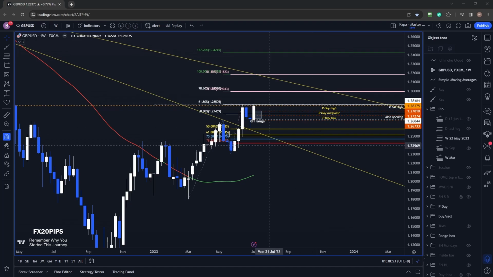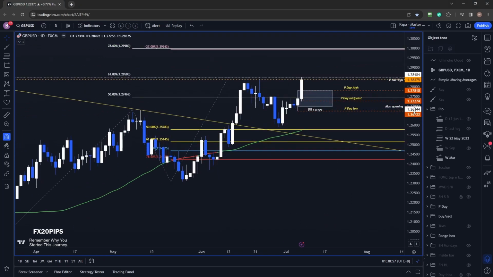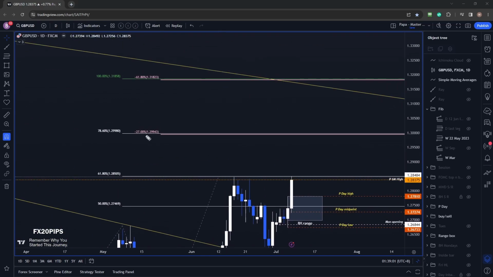Now this would usually imply to me that this is a high resistance area, which means that in order for price to go from this trend line to here, okay, you might just go and reach here as a strong resistance.